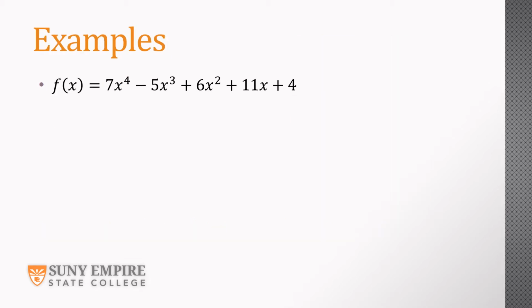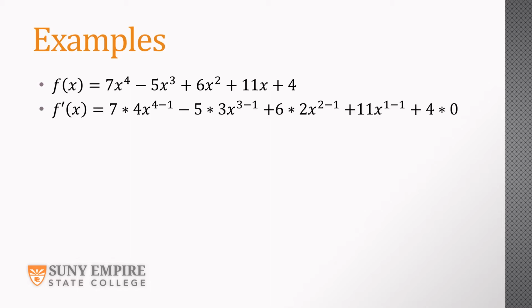Suppose we have the function f of x equal to 7x to the fourth minus 5x to the third plus 6x squared plus 11x plus 4. We want to find the derivative of this function. Using the rule for polynomials, f prime of x will be 7 times 4, x to the 4 minus 1, minus 5 times 3, x to the 3 minus 1, plus 6 times 2, x to the 2 minus 1, plus 11, x to the 1 minus 1, plus 4 times 0.